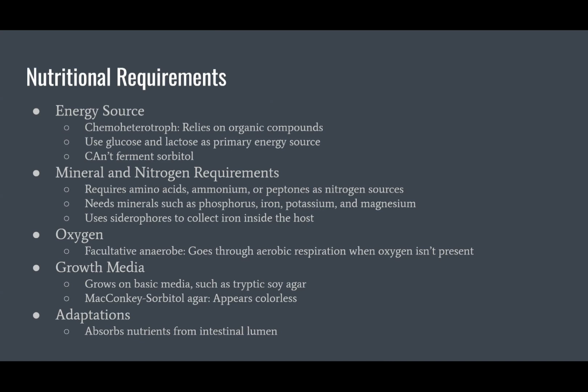In the host environment, it uses siderophores to extract iron from host proteins, enhancing its survival and virulence. As a facultative anaerobe, it can adapt its metabolism based on oxygen availability, switching between aerobic respiration and fermentation. This metabolic flexibility allows it to thrive in diverse environments such as soil, water, food surfaces, and the human intestine, making nutritional understanding essential for clinical and environmental control strategies.